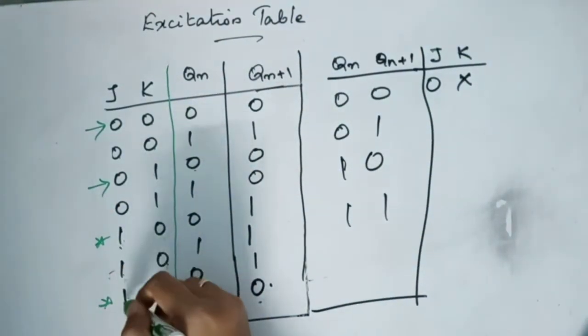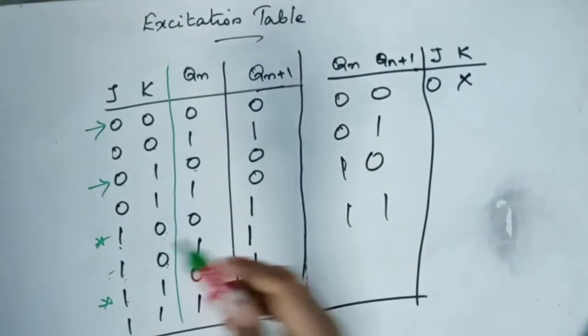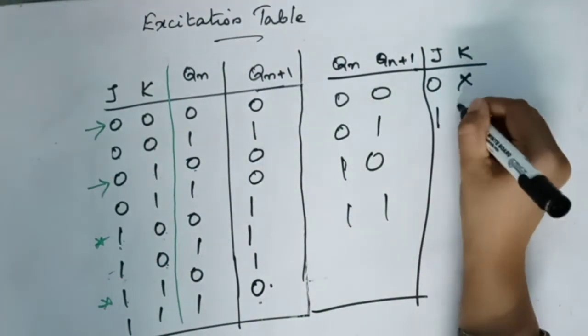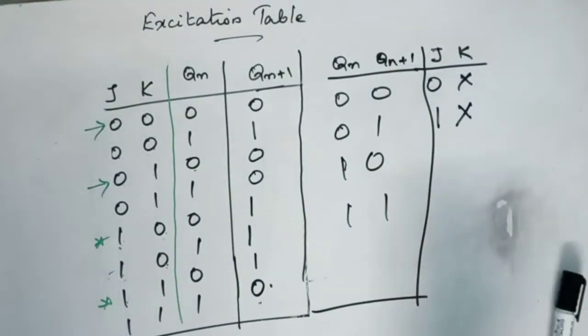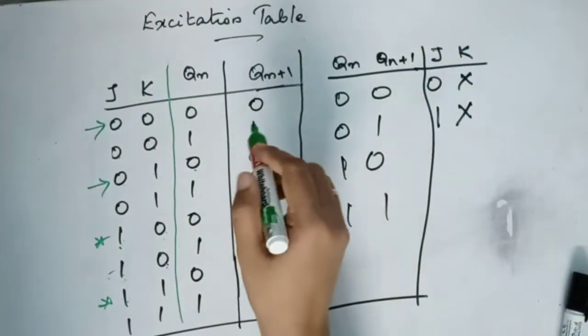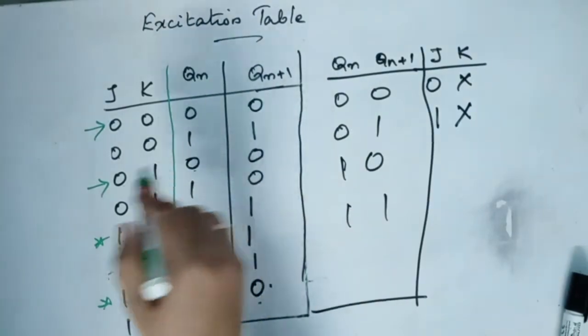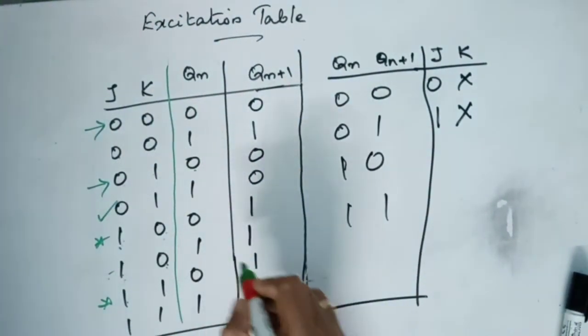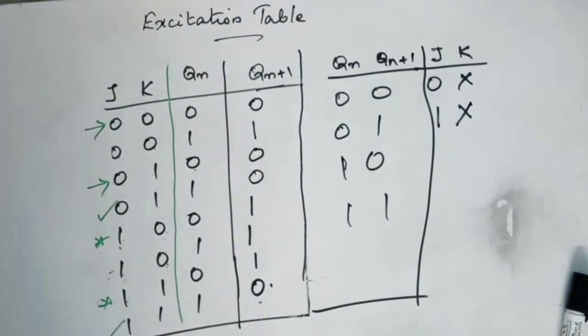So J is 1 and K is don't care. For 1 0, here we have a case and here we have a case.